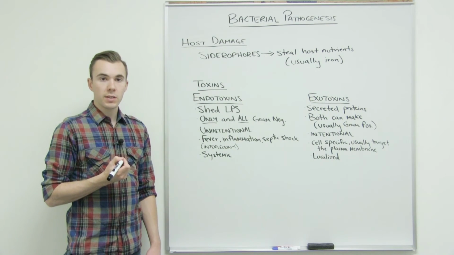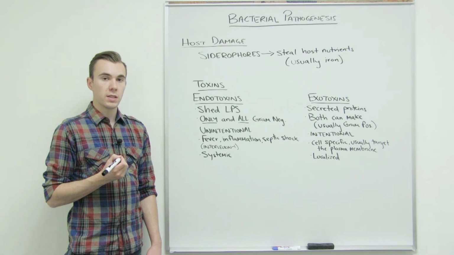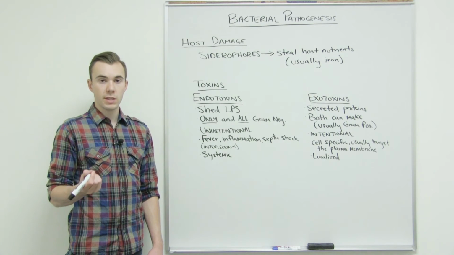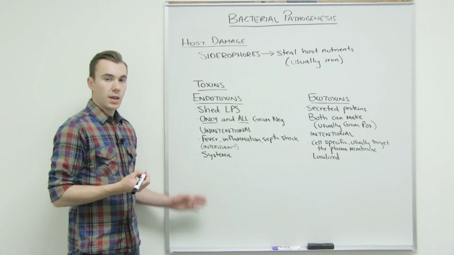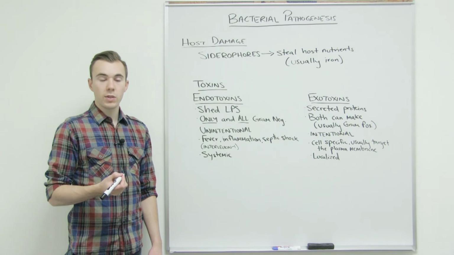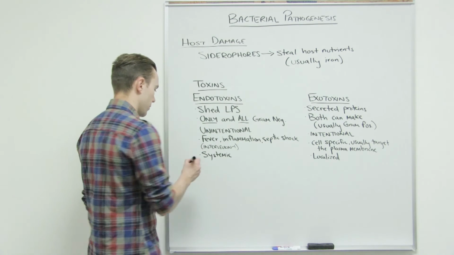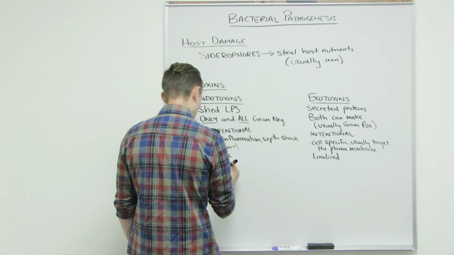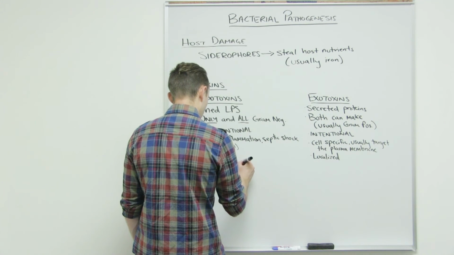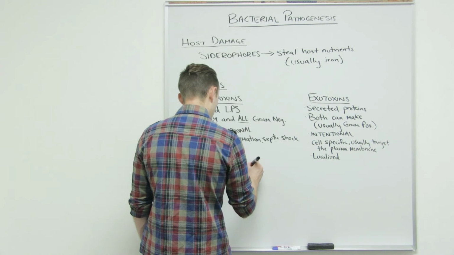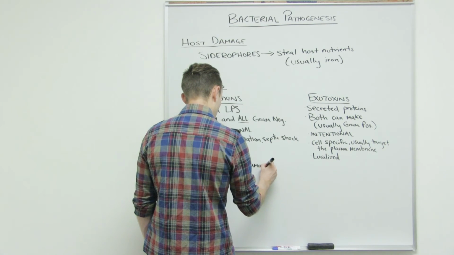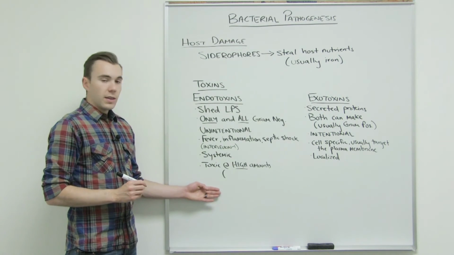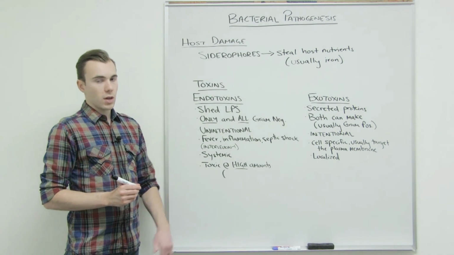The last thing that we need to discuss with endotoxins and exotoxins is their toxicity level, or how much does it take to make you sick. Endotoxins, it requires a lot. So these are toxic at high amounts. To understand the high amounts, this is also known as low toxicity.